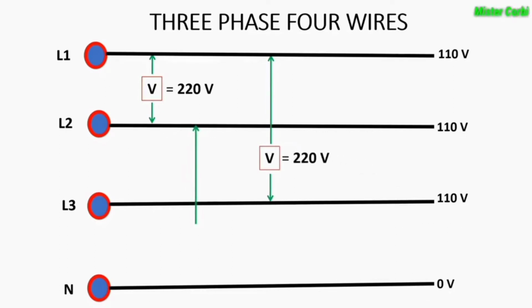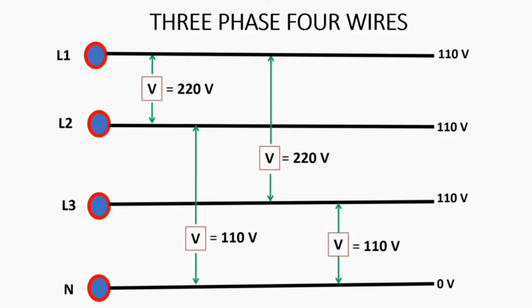Next, line 2 and neutral, 110 volts from line 2 and 0 volt from neutral is equal to 110 volts. And for the last, line 3 and neutral, 110 volts from line 3 plus 0 volt in neutral is equal to 110 volts. And that is 3-phase 4 wires.